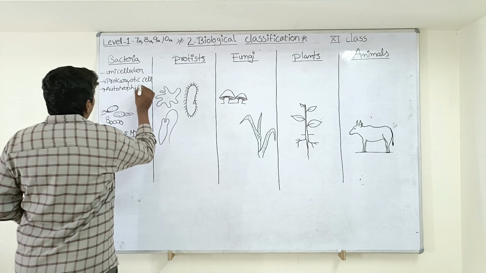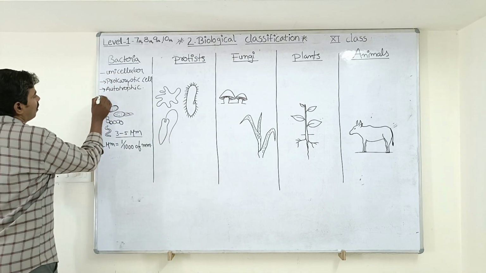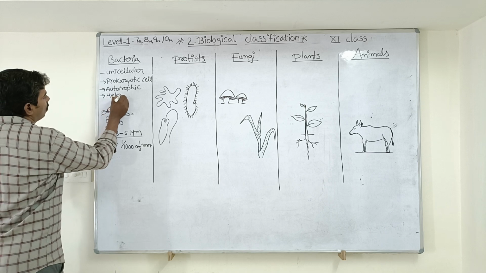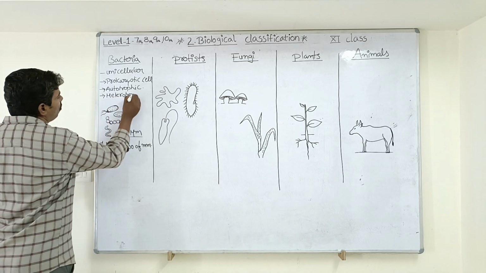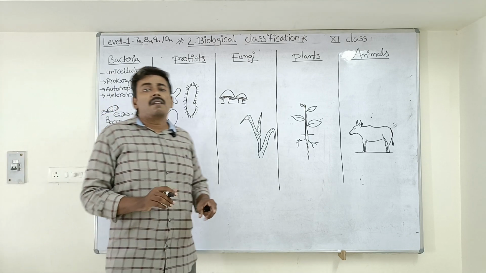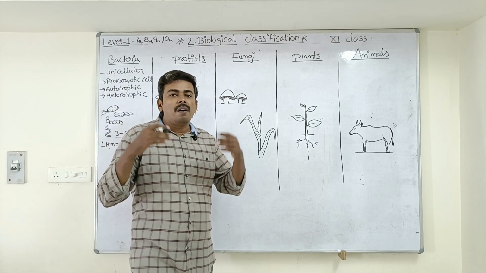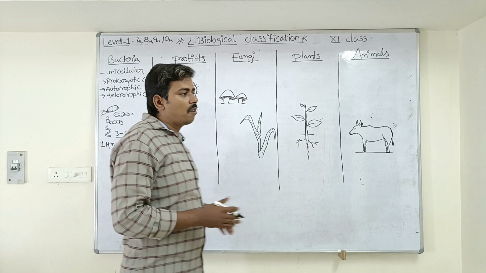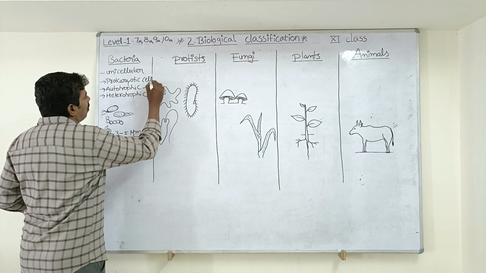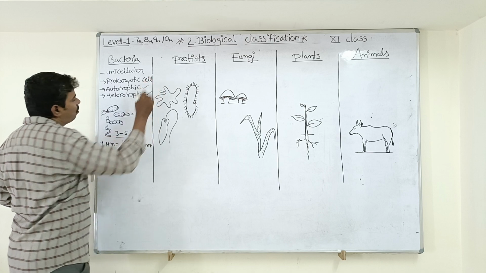Some of the bacteria are autotrophic and some of them are heterotrophic. Heterotrophic means they do not prepare their own food, they depend upon other sources. Such type of nutrition is called heterotrophic. Some bacteria are autotrophic, some are heterotrophic.